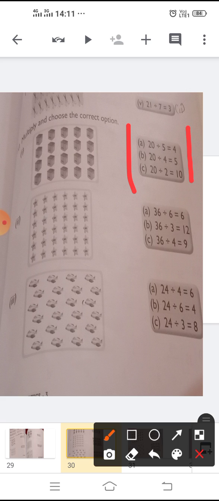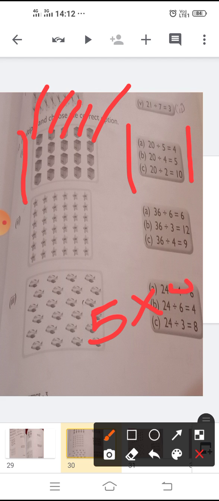The total number of batteries is 20. You can count 4 in each, and 5 groups, 1, 2, 3, 4, 5. If we multiply 5 by 4, meaning 5 groups and 4 batteries in each group, that will give you 20. So we are going to tick option A. Understood?